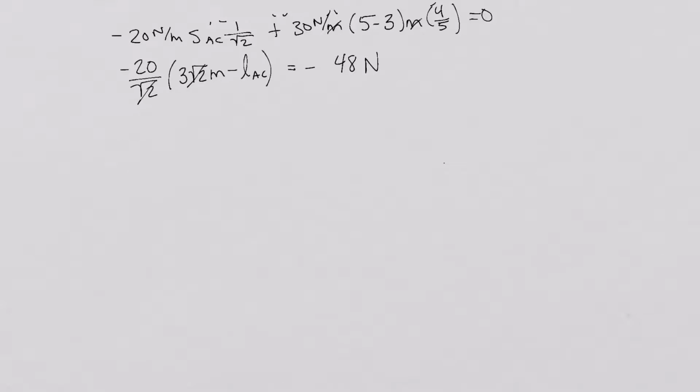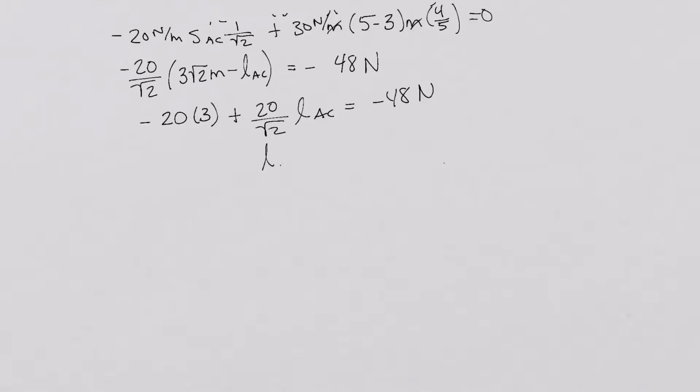So when we multiply through there, be careful. We go ahead and multiply through here, and we basically get negative 20 times 3, and the square roots of 2 cancel out for that side, plus 20 over square root of 2 times LAC equals negative 48 newtons.